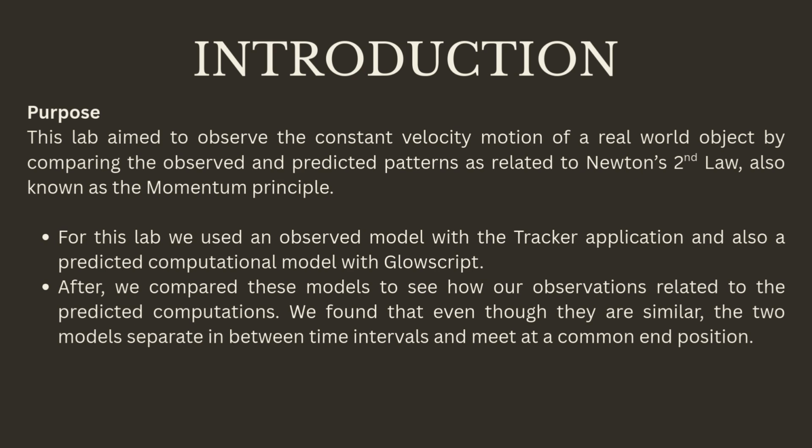And then after that, we compared these models to see how our observations related to the predicted computations. We ended up finding that even though the observed and predicted computations are similar, the two models separate in between time intervals and meet at a common end position.